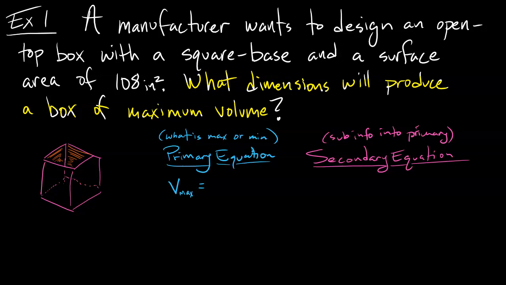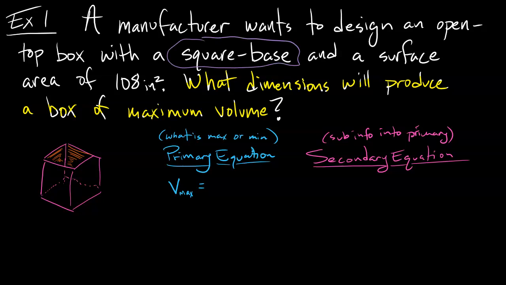Okay, well, now I need variables. I'm trying to find the volume of this open top box, which normally would be length, width, height. They specifically made this problem easier for us, so it wasn't three variables, because in the problem, it specifically said a square base.